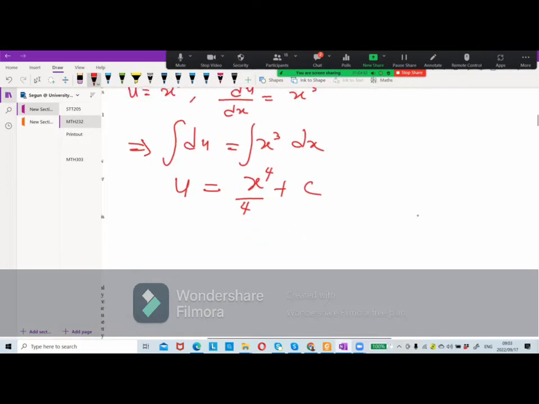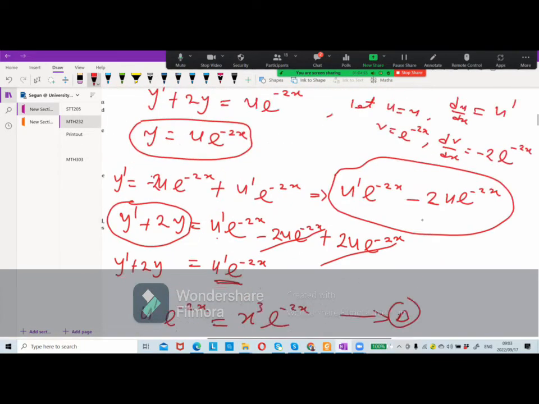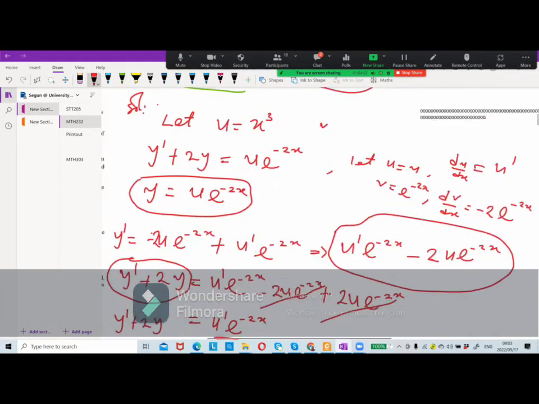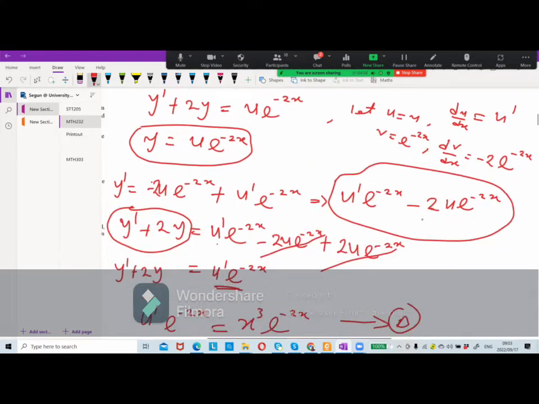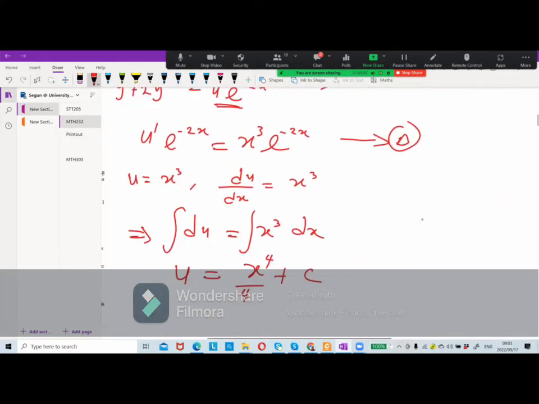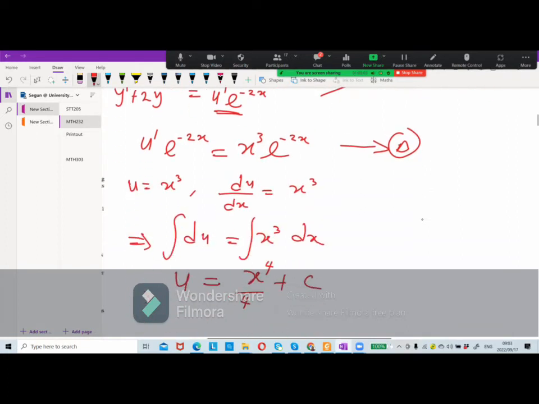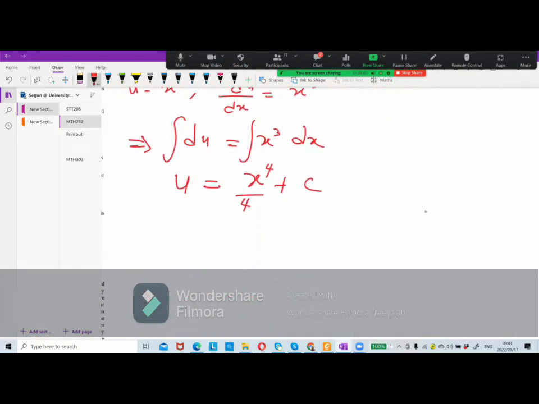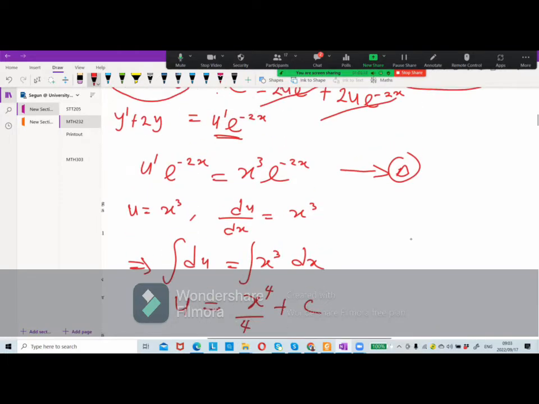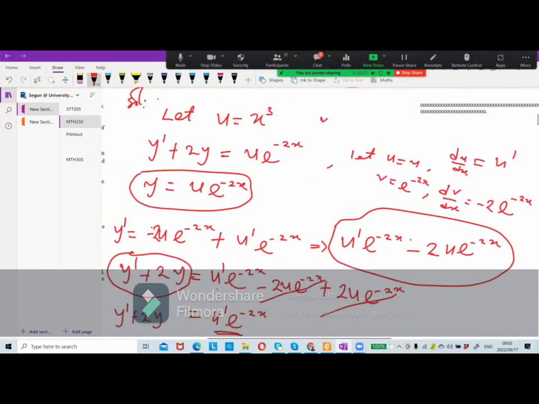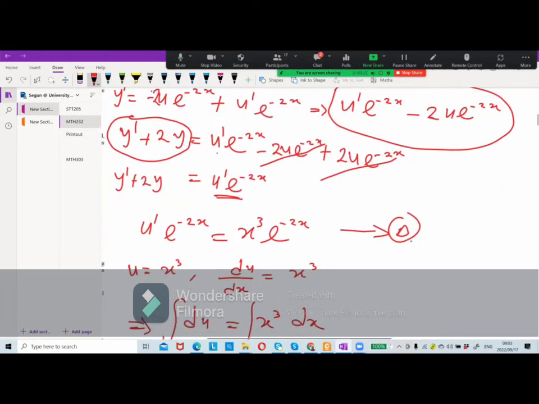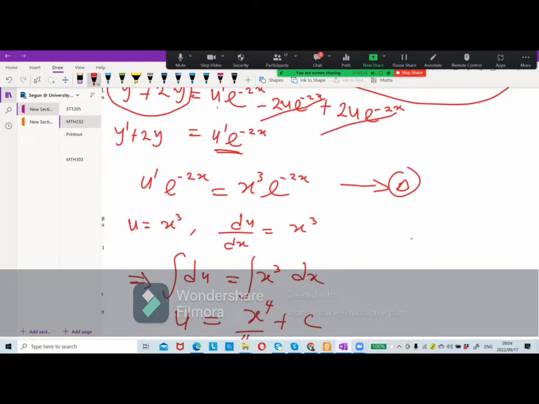So where do you think we substitute the u? Where do we have y? Go to your y. You look at your y here, y equals u exponential minus 2x. Let me call this one equation 1 and call this one equation 2.